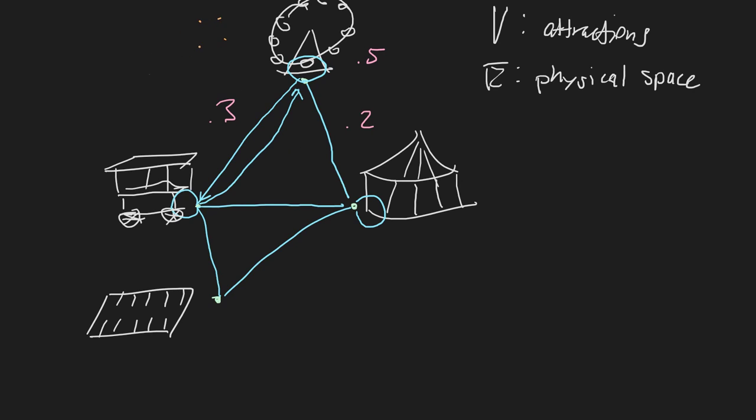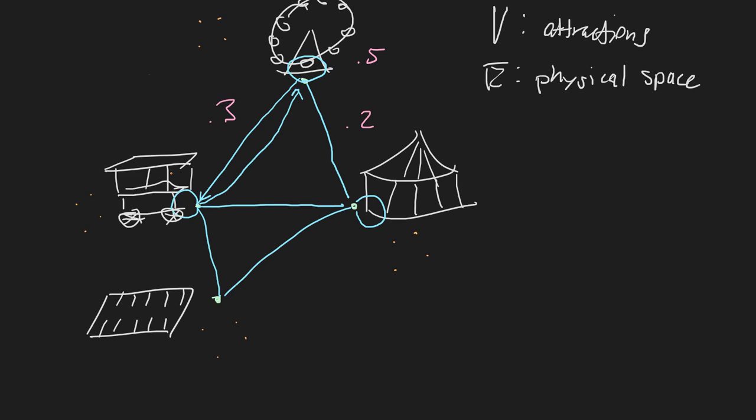So I'm going to draw dots for visitors because that's probably the least cluttered way to do this. So we've evenly distributed our 16 visitors across all 4 attractions. So this is what the state of our graph looks like at time t equals 0.